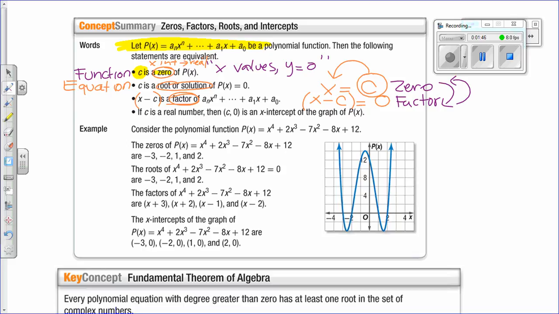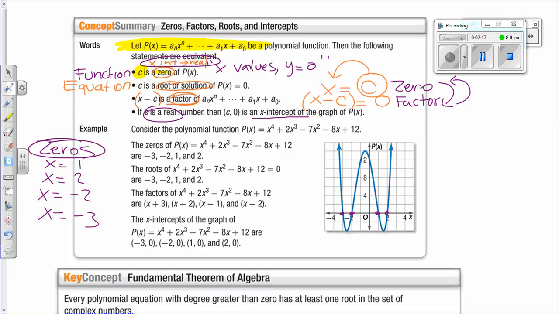We also know that if that number is a real number, then it will look as an x-intercept, like what we said before, those zeros. And of course we have our example here, where the zeros will be at -3, at -2, at +1, and +2. So we could say the zeros are x equals 1, x equals 2, x equals -2, and x equals -3.